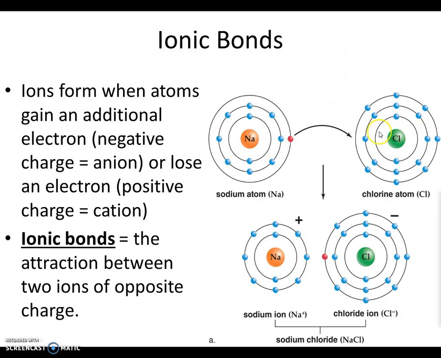So chlorine here has just 7 electrons in its outer shell. It will happily take on one additional electron in its outer shell. If those atoms do that, sodium becomes positively charged, chlorine becomes negatively charged, and these opposite charges will attract to one another, causing these two atoms to stick to one another, and that's an ionic bond.